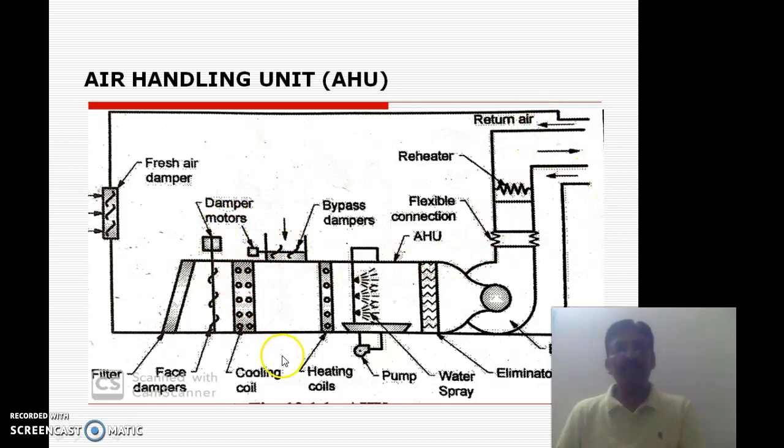So here you can see that this cooling coil is used in summer while this heating coil is used in winter. So for humidification we are using this spray water. This reheater is also used when we require heating. So this is the basic structure of air handling unit that we have already studied.